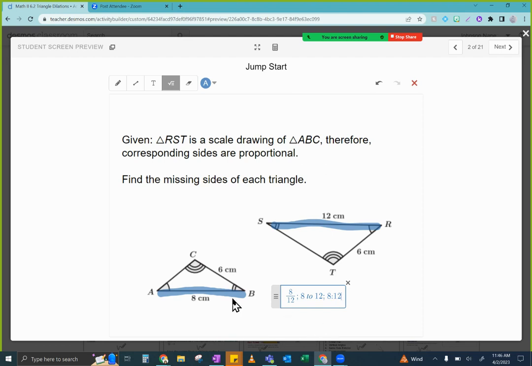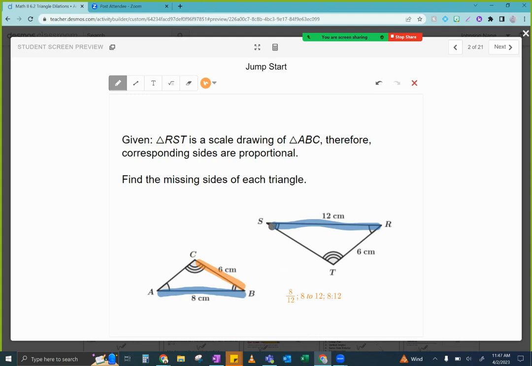And now that you know this proportion from 8 to 12, you can set up a proportion for the other sides. So I'm going to go over here to this orange side. Which one matches BC?